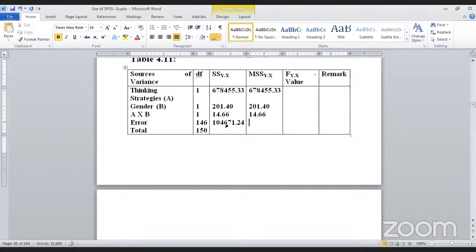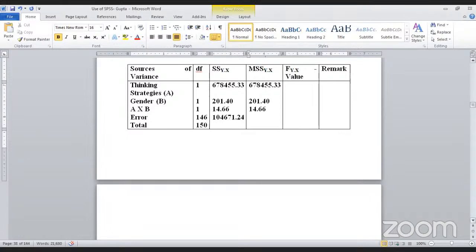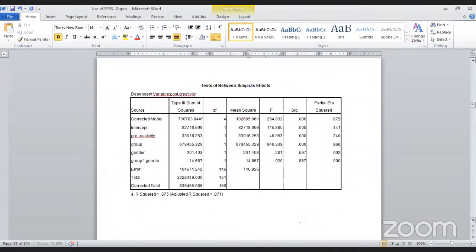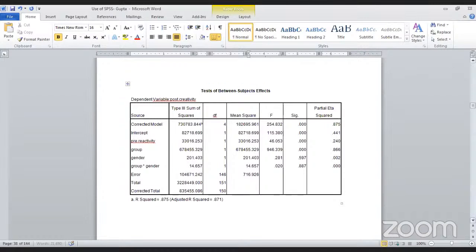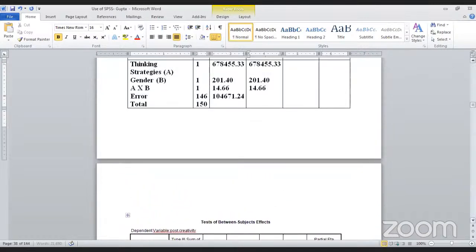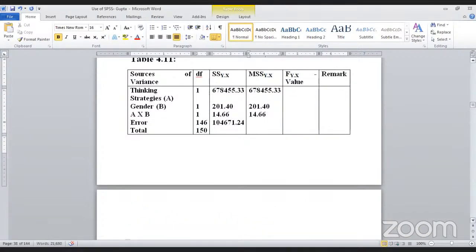Then 104671.24 divided by 146. The answer is 716.93.